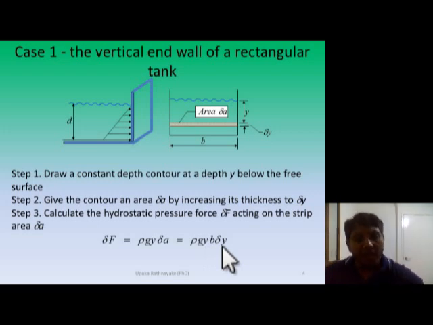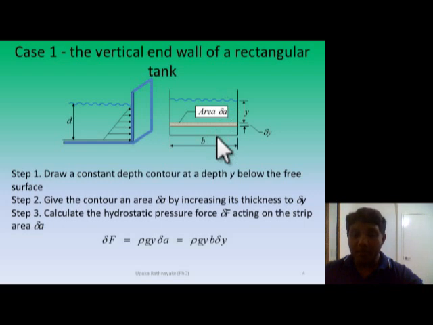Now if I need to find the total force due to this b d area, what would we do? We would sum up all these small areas from the free surface to the bottom of the tank. That means from 0 to d.